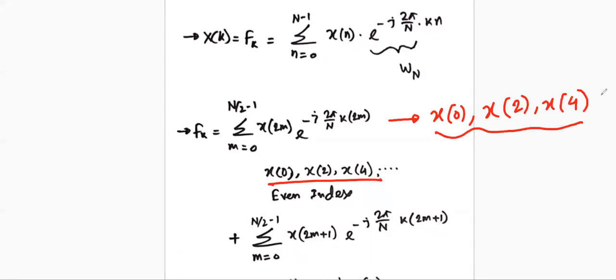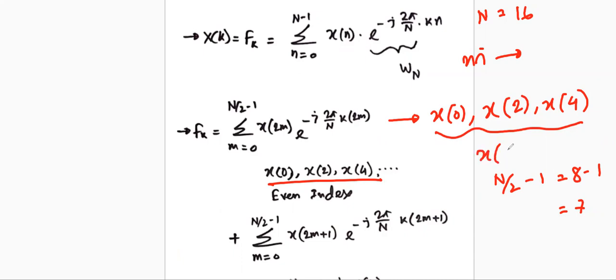And what is the maximum value of m? If we took, for example, N equals 16, the maximum value of m should be N by 2 minus 1, that is 8 minus 1, equals 7. That gives you half of the portion. For 7, we get 7 into 2, so 14. So we'll get all the numbers in the bucket of the even indexes.